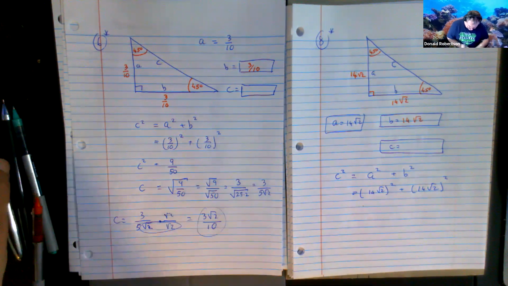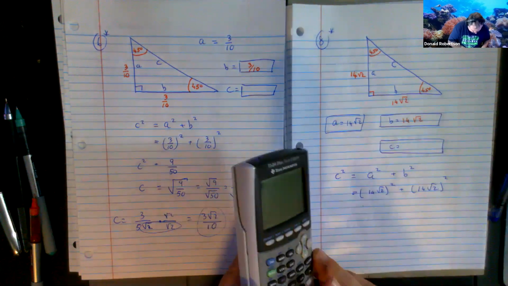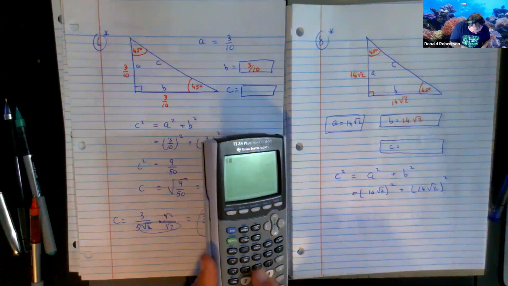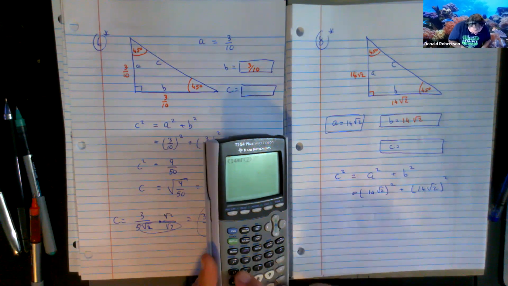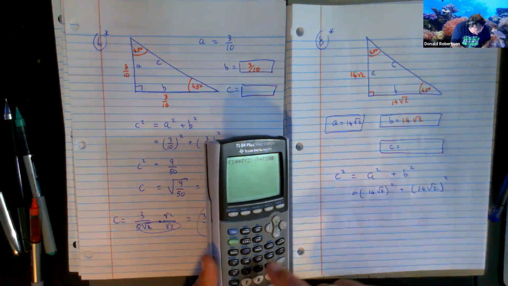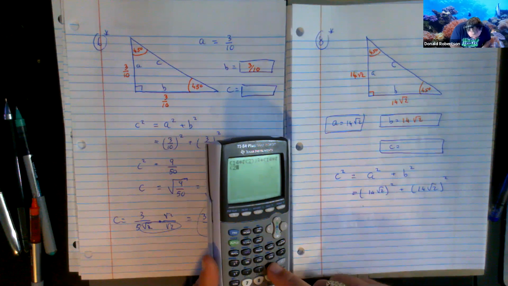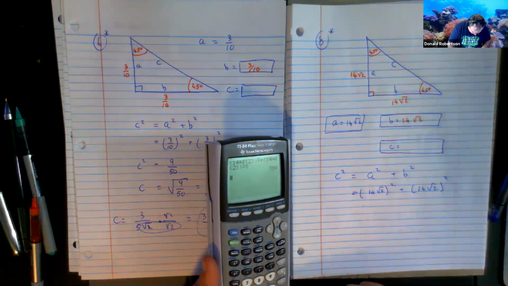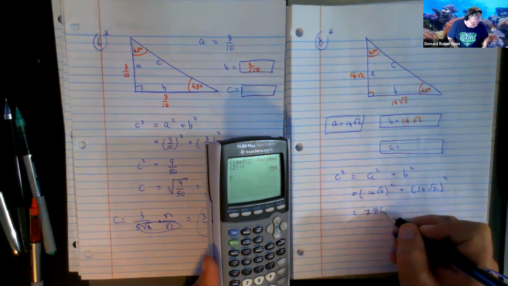And it could be, except bracket 14 times square root of 2 squared plus bracket 14 times square root of 2. Hopefully I put enough brackets here. And the answer is 784.